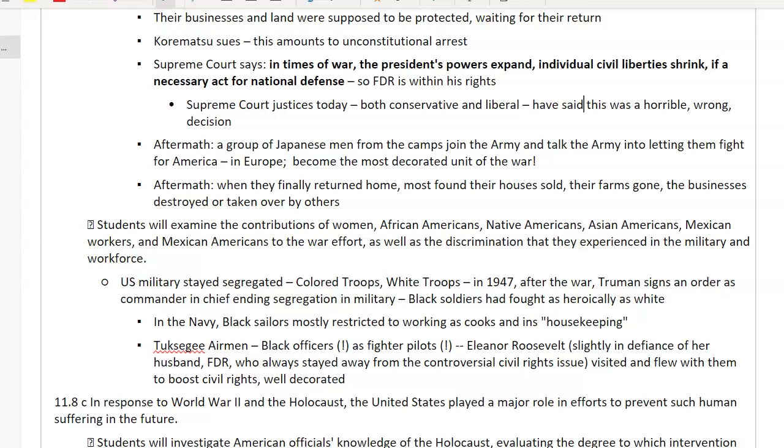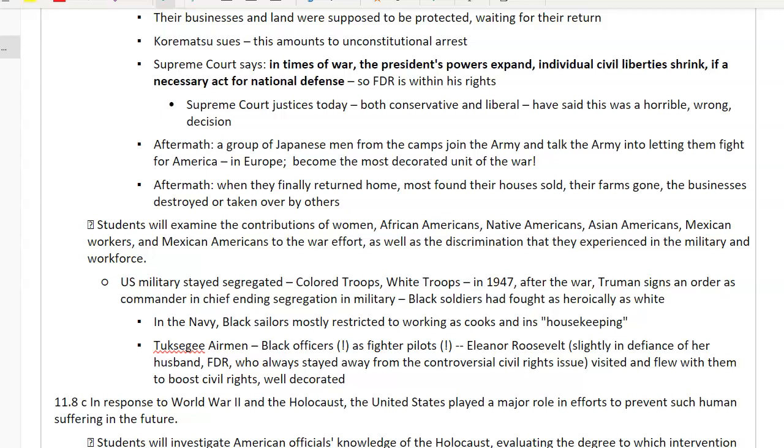So the Supreme Court finds in favor of FDR and against the Japanese. Important thing to know about Korematsu, Japanese internment: the court found in favor of the government doing this.